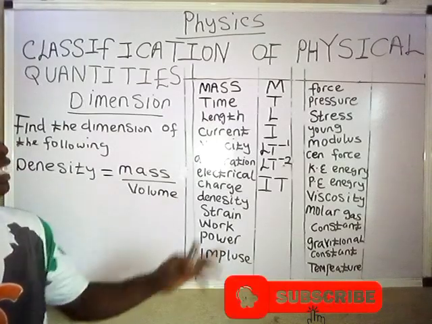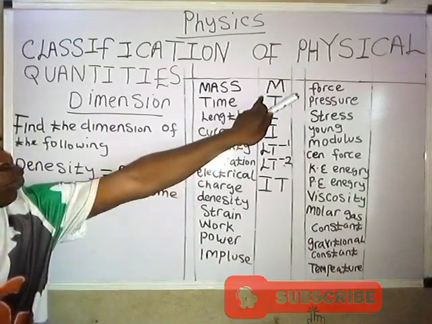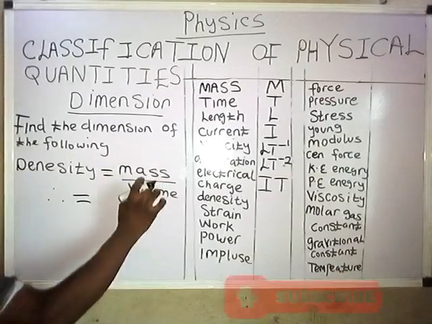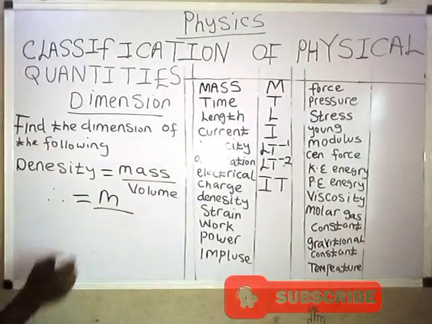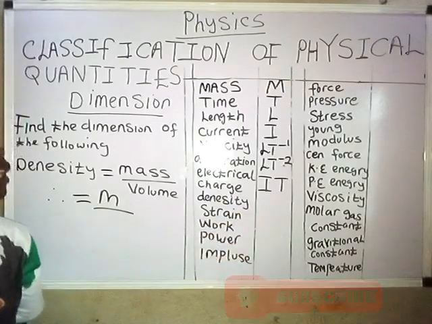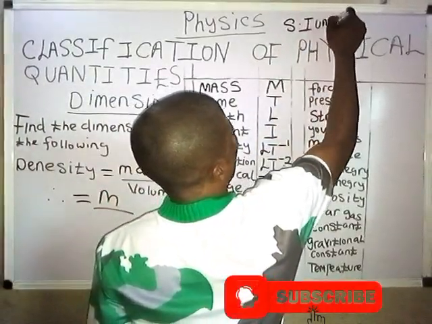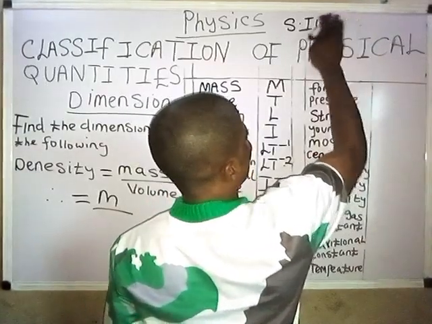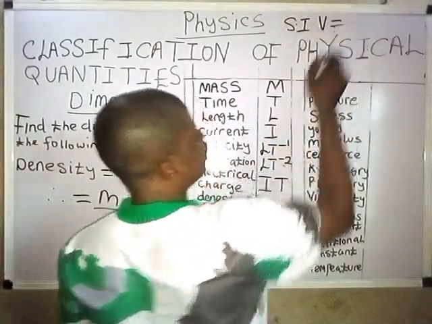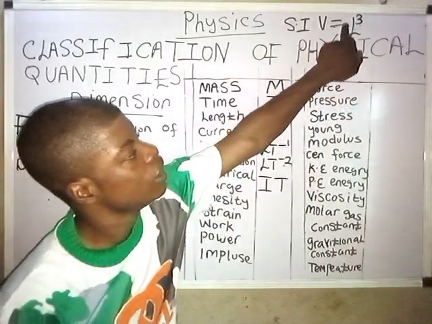Looking at the table I gave, the dimension for mass is M. Over this volume, note that the SI unit for volume, although I did not give it in this table, is L raised to power 3.